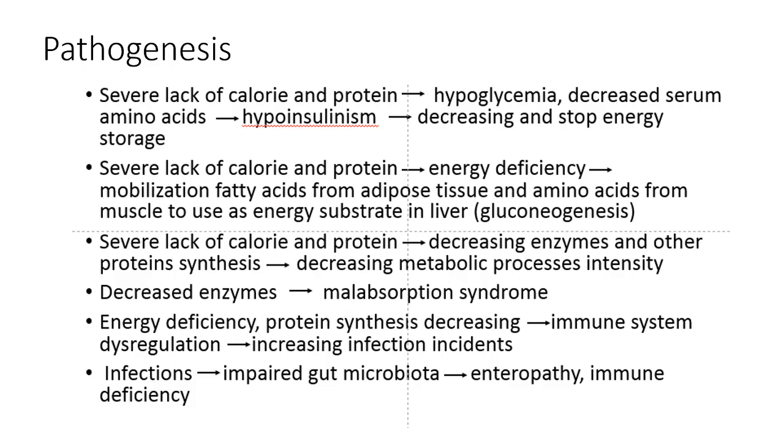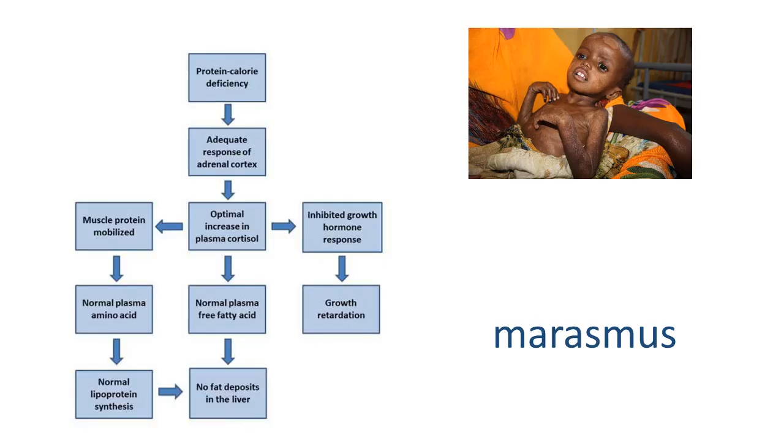And infections usually lead to some dysbiosis or impaired gut microbiota, and the organism stops receiving some vitamins which our microbiome can usually synthesize, and can't protect the mucus of the intestine. Due to this, we can see enteropathy and again immune deficiency.